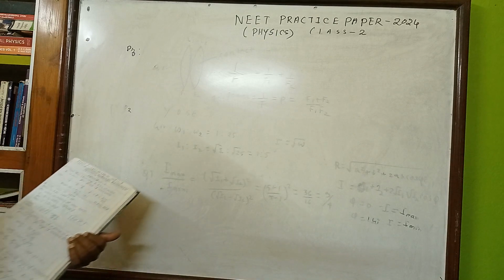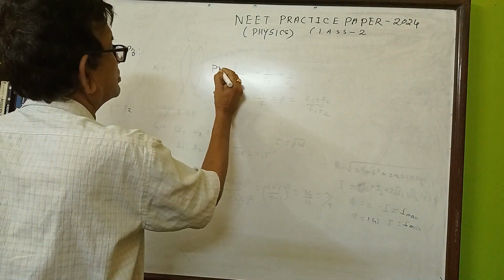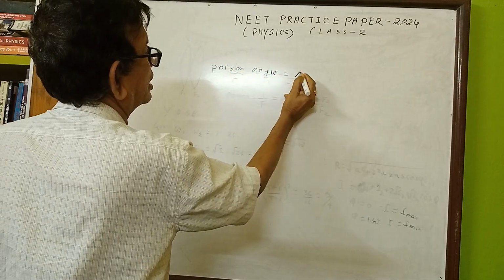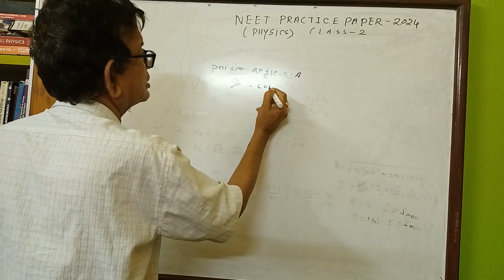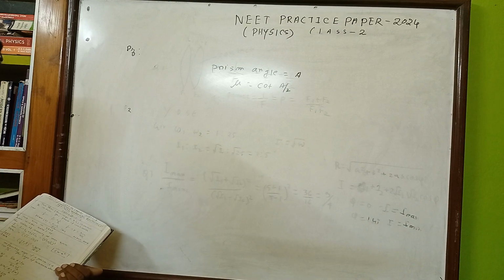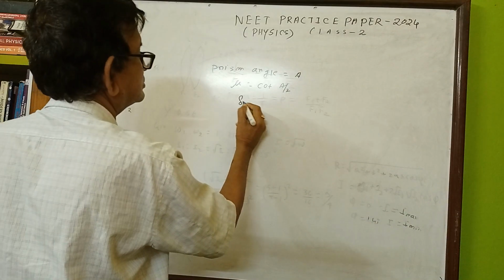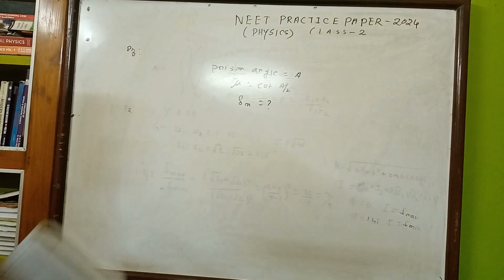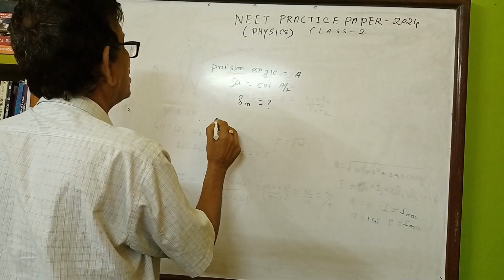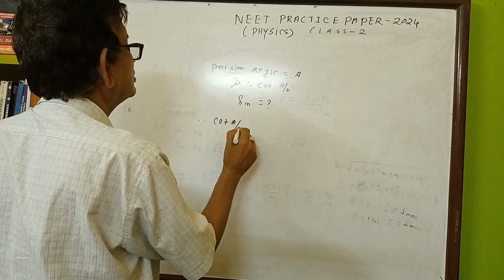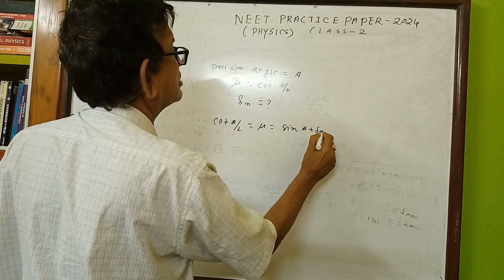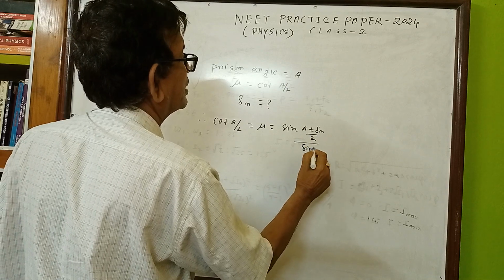The problem is about the refractive index of a prism. Given data: prism angle A, and mu equals cot A by 2. They are asking what is the value of delta m. Now you know mu equals cot A by 2, and mu equals sine of (A plus delta m) by 2 divided by sine A by 2.